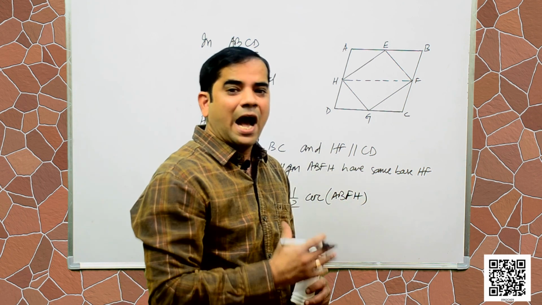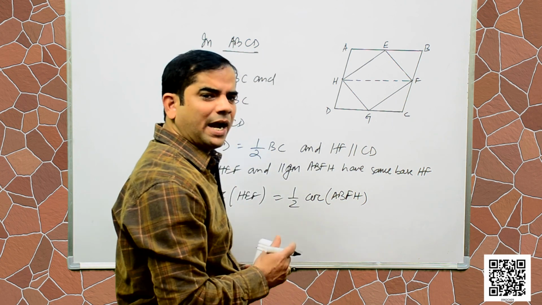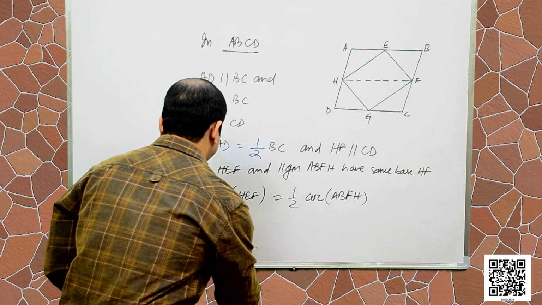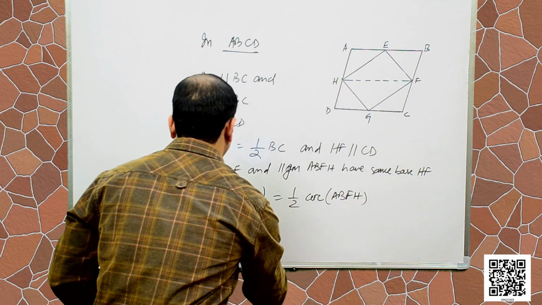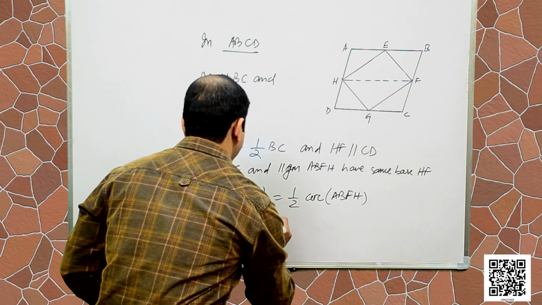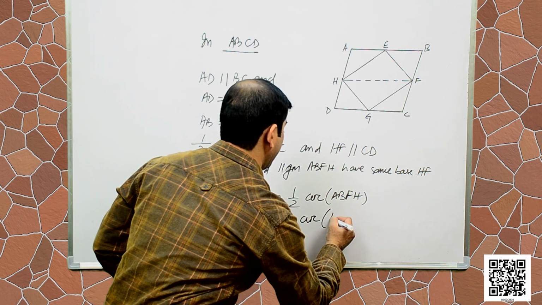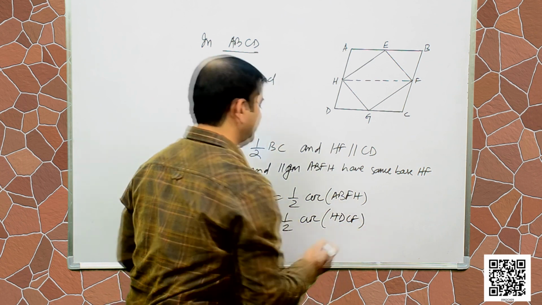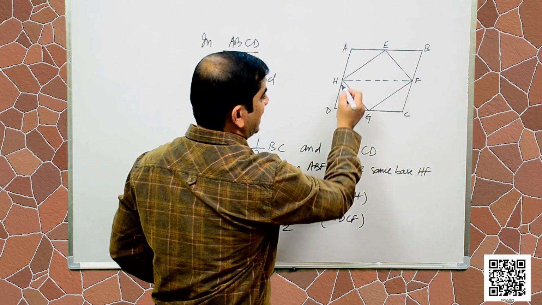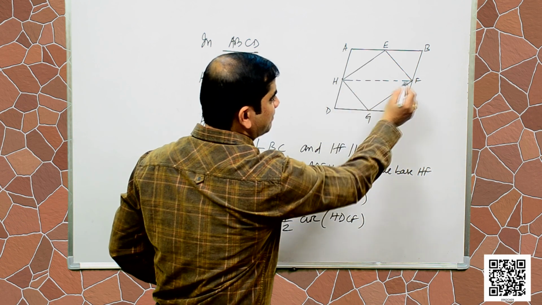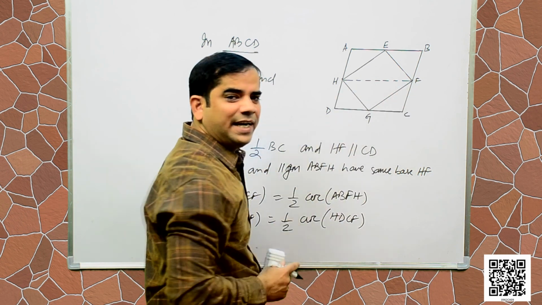Okay. As we have already discussed previously. Similarly, it can be proved that area of triangle HGF is equal to half of area of parallelogram HDCF, isn't it? See, here triangle HGF and parallelogram HDCF lie on the same base HF and between the same parallel lines HF and CD.